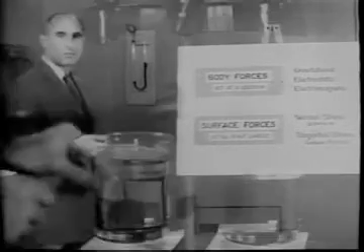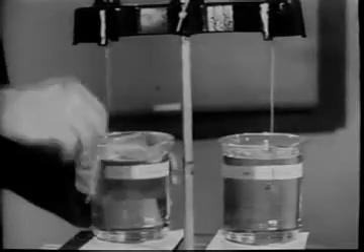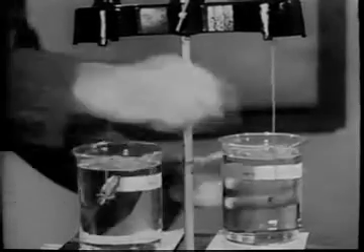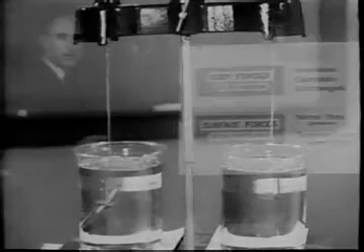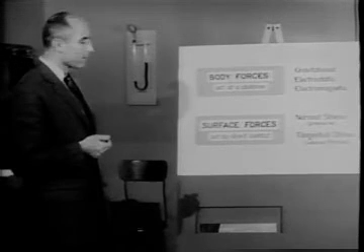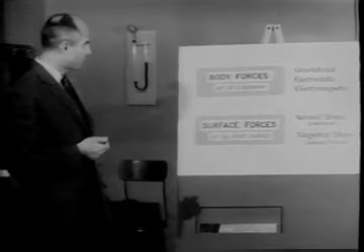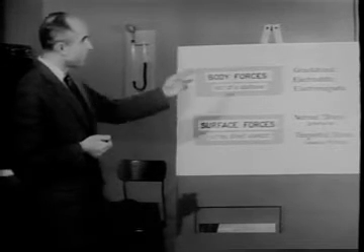But we measured only the net weights, and so the circumstances of our experiments were such that gravity was automatically compensated for. And the other body forces, electrical, magnetic, were not present in our experiments. This leaves us only with the surface forces, that is, pressure forces and viscous forces.